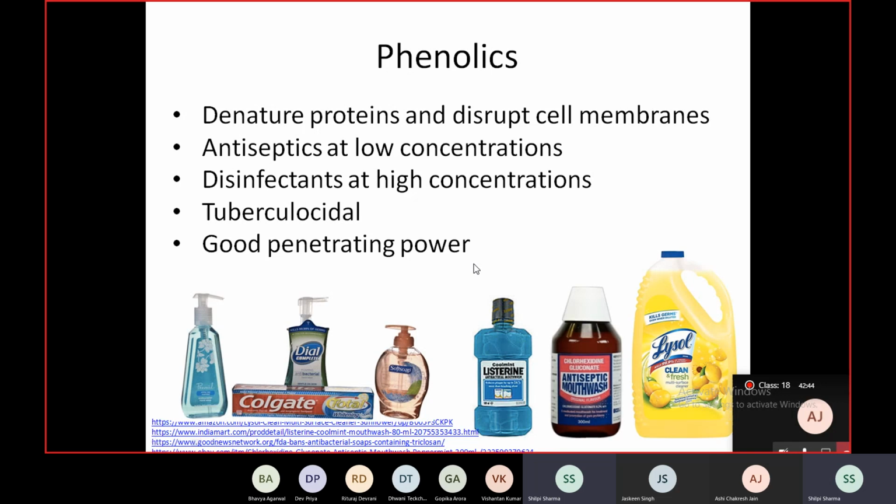In fact, this was first used by Joseph Lister in the 1860s. Now what's important here is the mechanism: it denatures the proteins and enzymes of microorganisms. These include cresols like Lysol, as well as several bisphenols. Bisphenols are particularly effective against Staphylococcus.